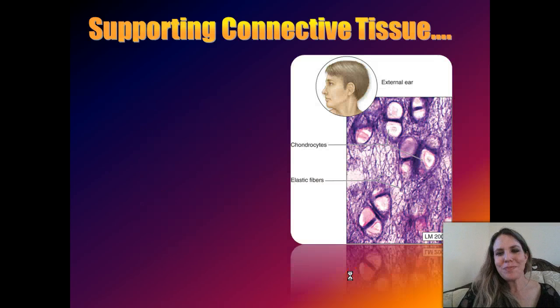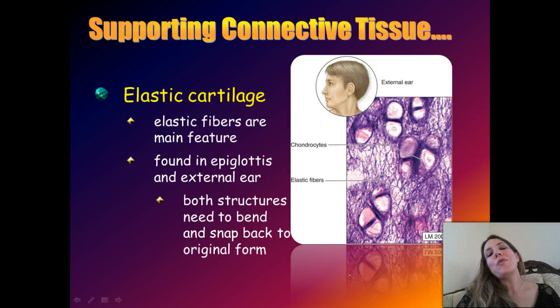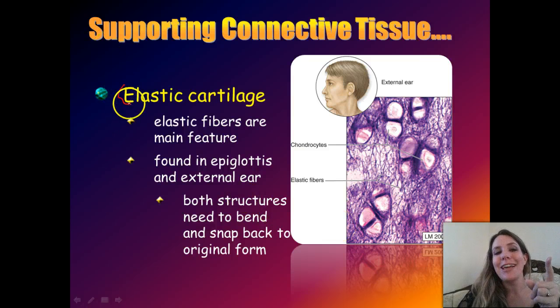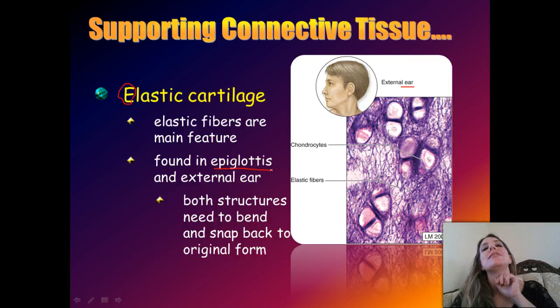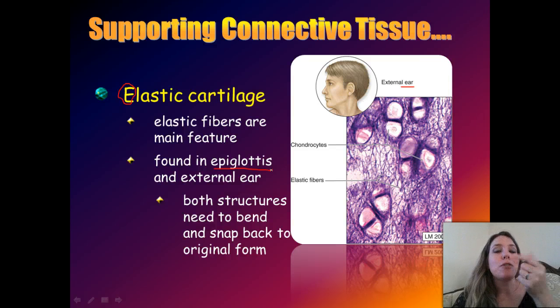So there you go. And then we have the third type, which is elastic cartilage. The easy way to remember elastic cartilage is it's really only found in two places in the body, and both of those places start with the letter E. E for elastic cartilage, E for ear, your external ear, and E for your epiglottis. The epiglottis is that little flap that closes when you swallow to allow your food to go down the esophagus, and opens when you're talking to allow the air in and out of your trachea.